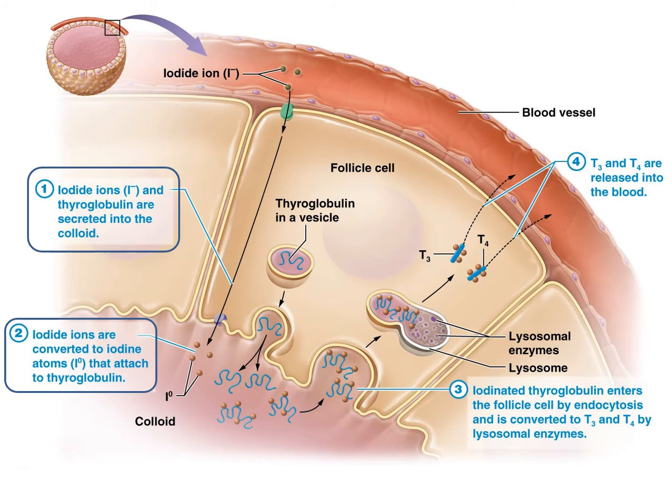So we see in the first two steps the iodide ions are pumped, or brought, into the cell, and thyroglobulin is secreted into the colloid. Here's the colloid here. The iodide ions are converted into iodine atoms, as we mentioned, with no charge, and they attach to the thyroglobulin.